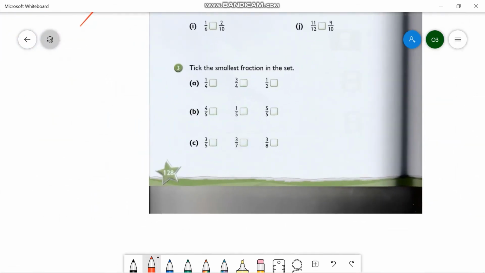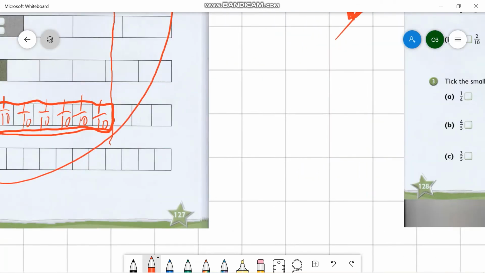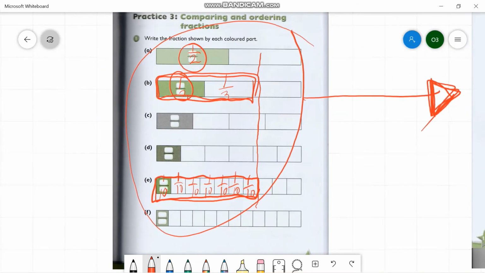So in number 3, you have to take the smallest fraction in the set. Okay, so which is the smallest? 1/4, 3/4, or 1/2. Okay, so you can use again the fraction chart in the exercise 1. So you have now here 1/2. We only need 1/4 and 3/4. So this is 1/4, 2/4, and this is 3/4.